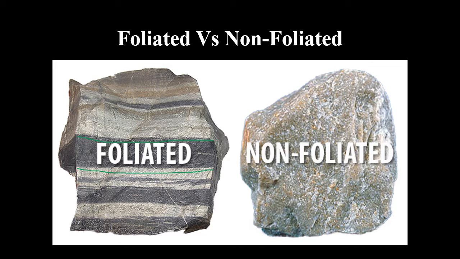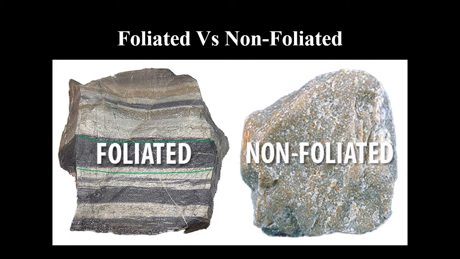So the two main differences of metamorphic rock are foliated and non-foliated. Foliated rocks are rocks that have layers, and non-foliated rocks are rocks that do not have layers. Foliated rocks get their layers because of cooking under the earth. Generally, the more time they are subjected to, the more opportunity they have for the material to separate, just like the different materials in the earth separate into different layers.